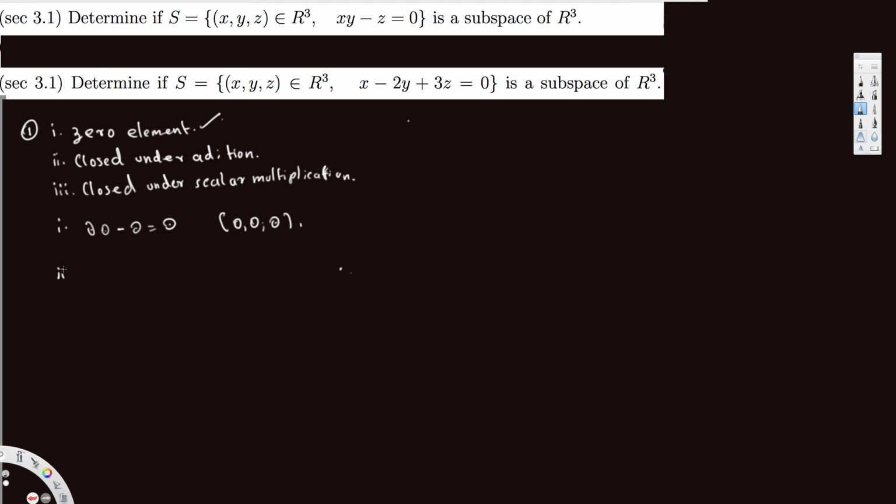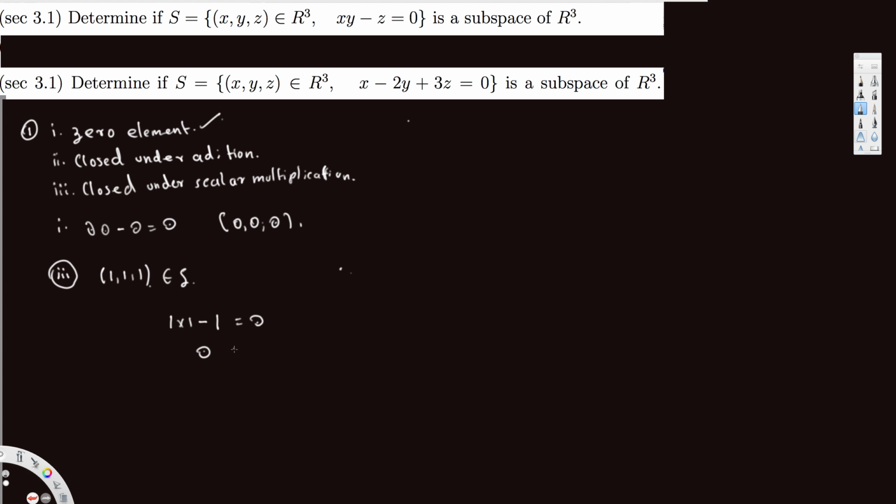Therefore I can do the third one. The third one is much easier to prove in this condition. So I'm taking 1, 1, 1, and this belongs to the subspace. Then 1 times 1 minus 1 is equal to 0, that's true.